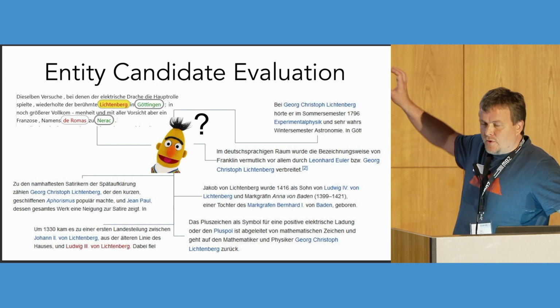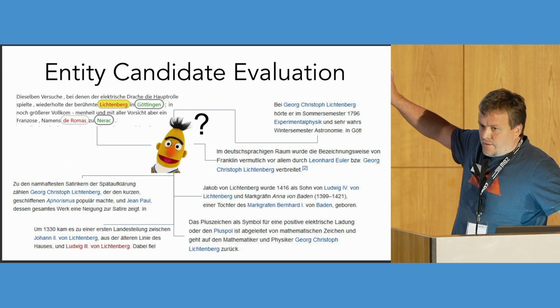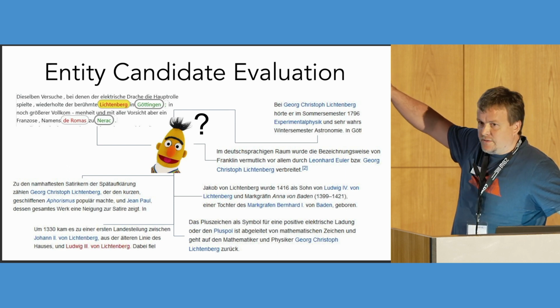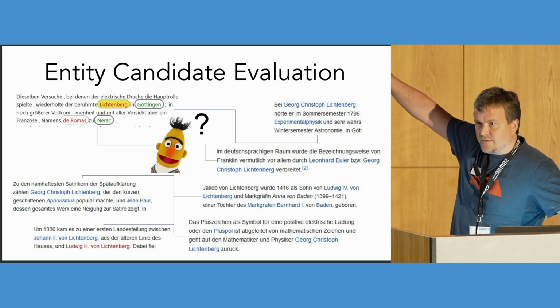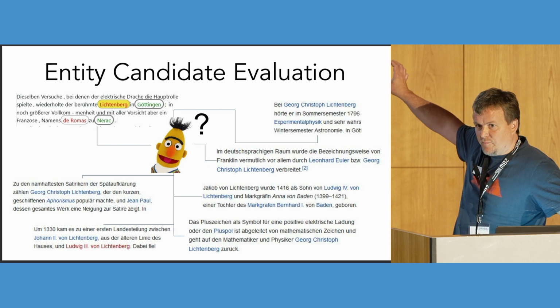And we have a purpose-trained BERT model that basically then does pairwise comparisons between the text passage or the sentence in question and all the sentences from Wikipedia.